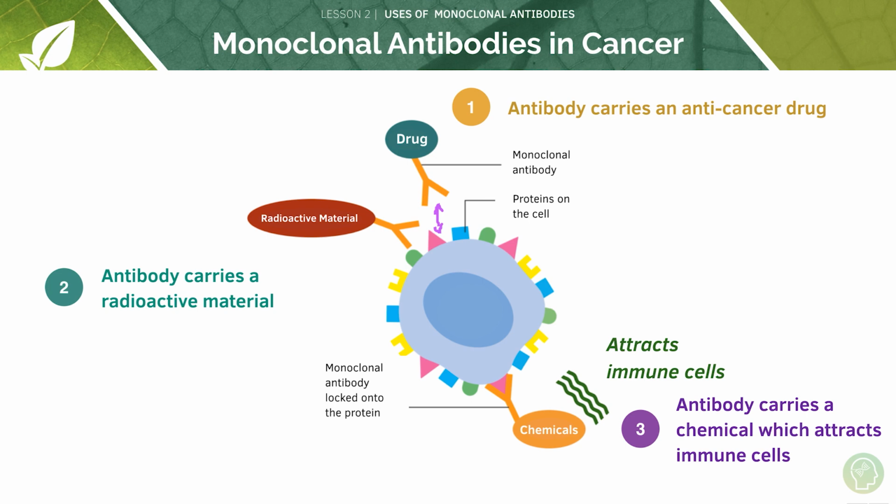And as we learned in the tutorials on communicable diseases, immune cells are very good at launching attacks against foreign bodies, and so if our monoclonal antibody is attracting immune cells to the cancer site, this could be useful in launching an immune attack against this harmful cancer cell. So this is also a really, really good diagram to draw out in your notes and annotate on.